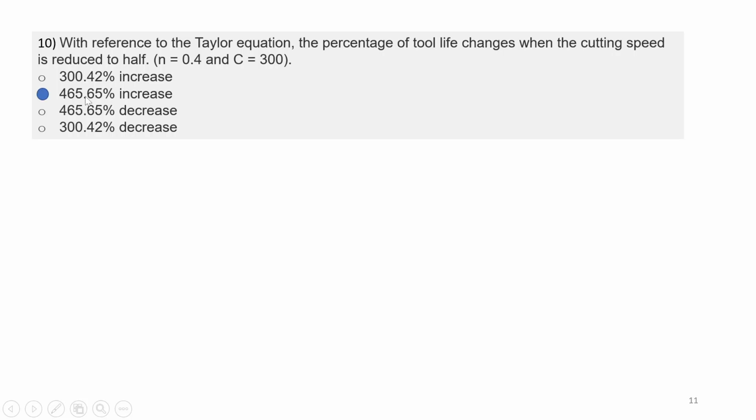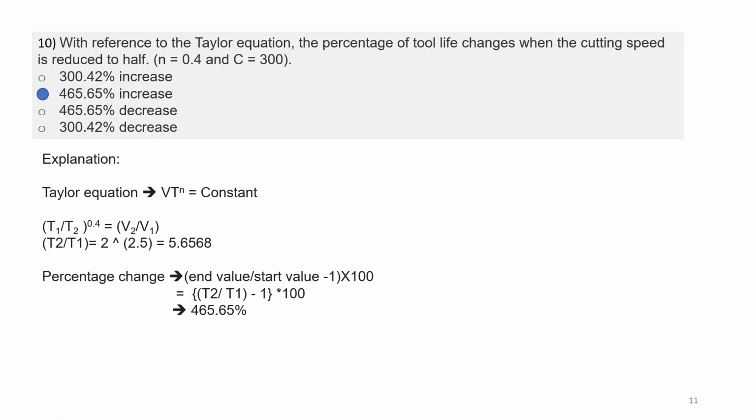Out of these two, which one is correct? That will be 465. The formula you have to use is the Taylor equation, which is V times T to the power n equals a constant. Here n is the exponent, which is already given as 0.4. The constant is also given, but since you have to find the percentage change, you don't require the value of the constant.